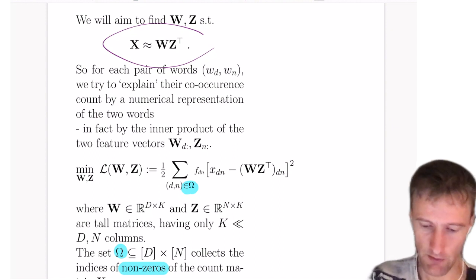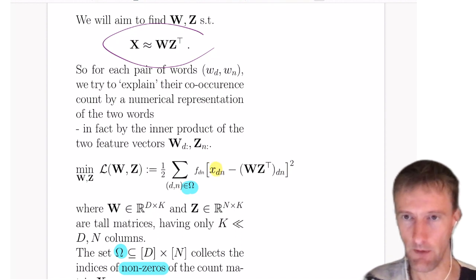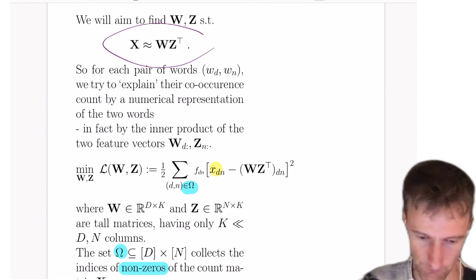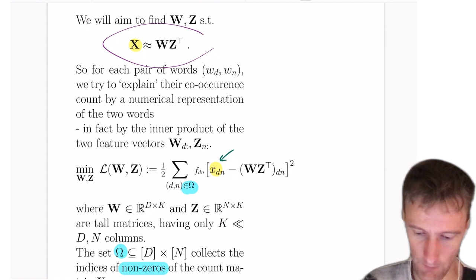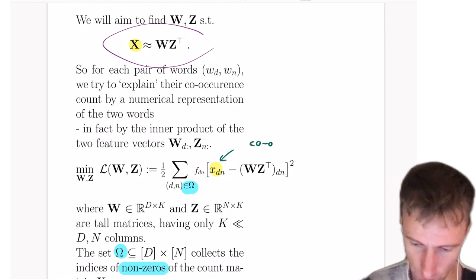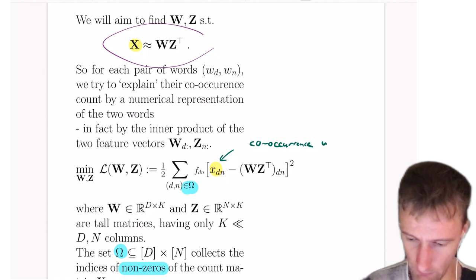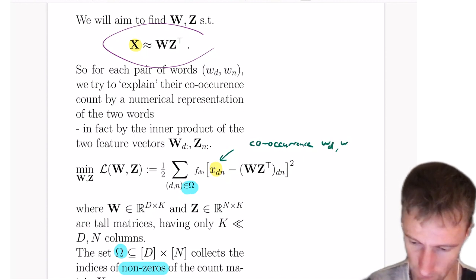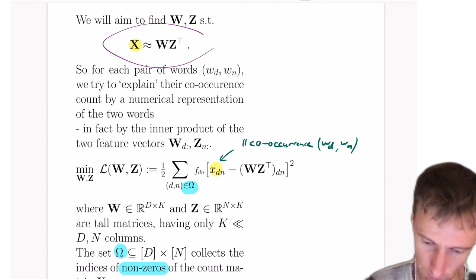If D and N have appeared together, then their count here is non-zero. So that's this count here. How many times have the words appeared together? The co-occurrence of the word D with the word N. That's the count you put here.